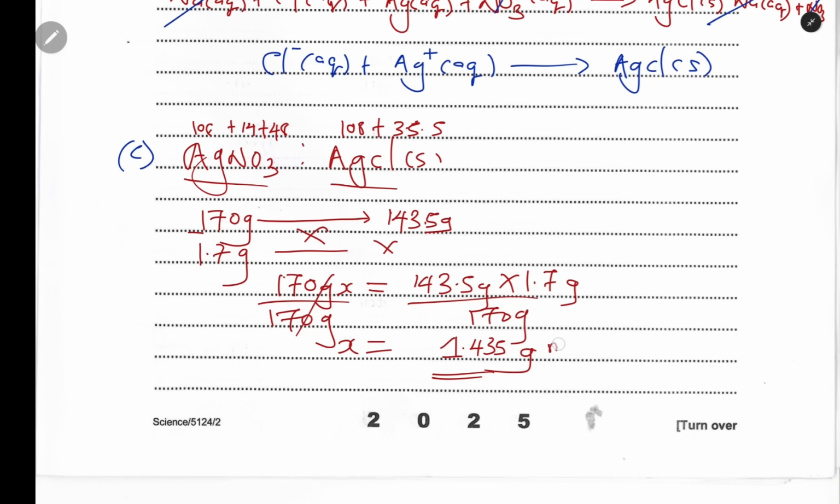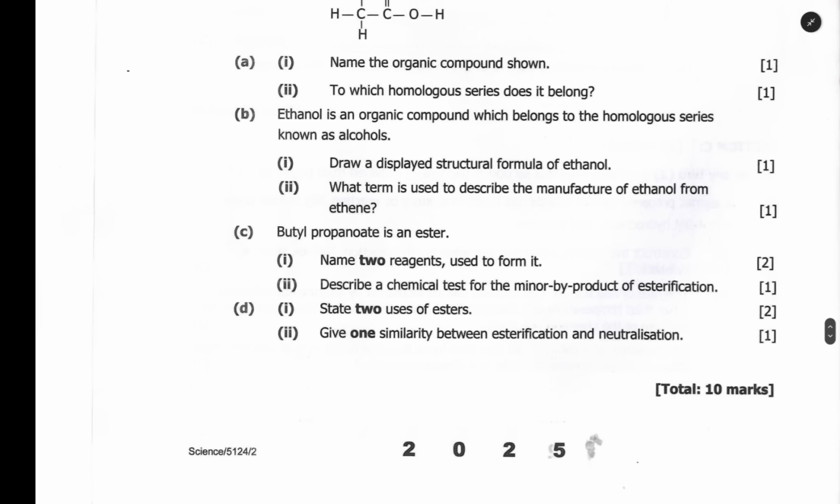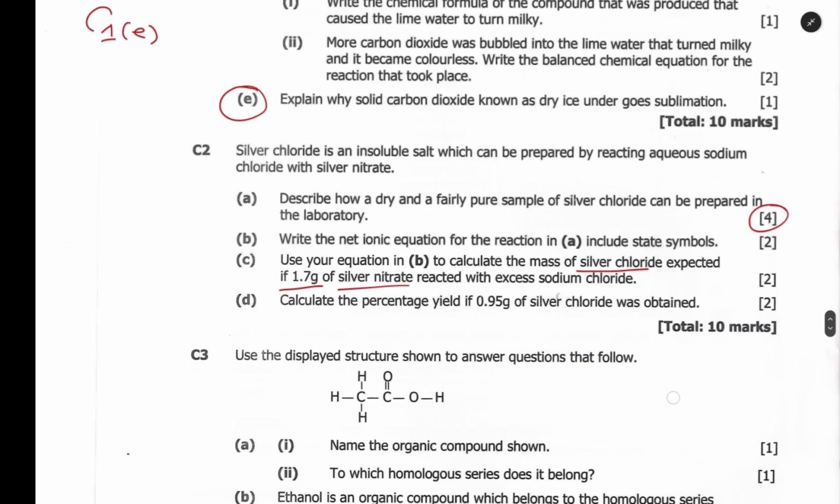Otherwise, this is the mass of Ag chloride produced. So this is what you call the theoretical yield. Okay, so that is how we calculate this question.